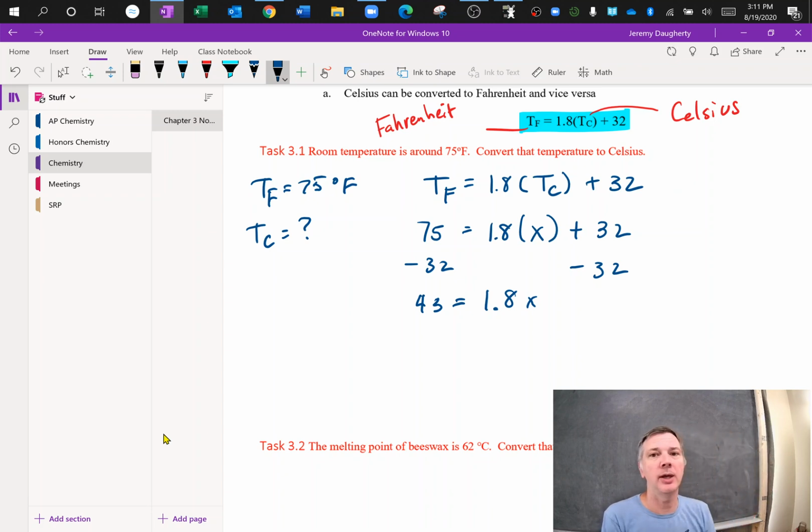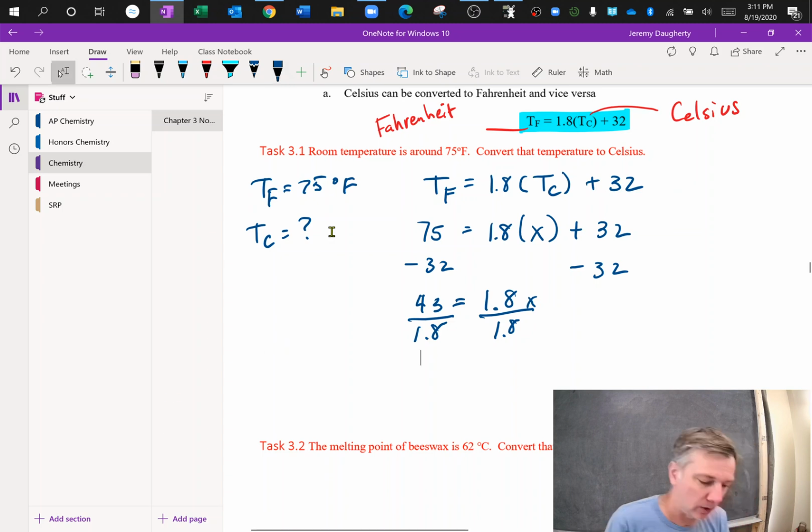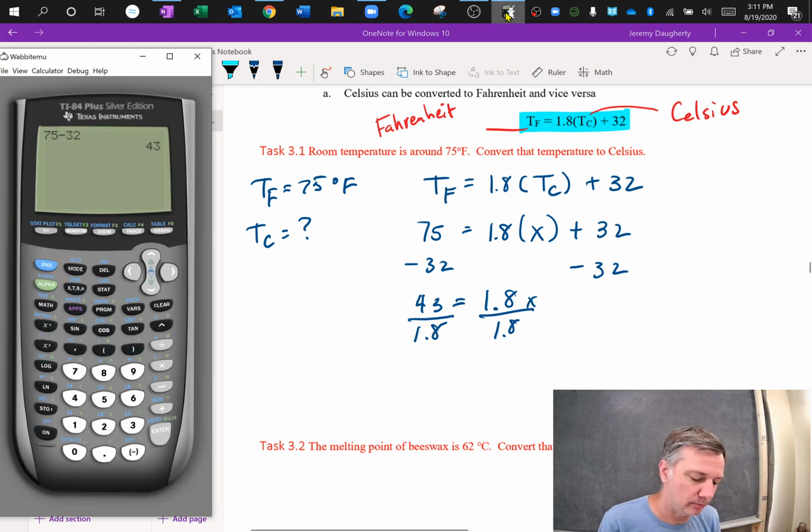Algebraically, my next step is to divide by 1.8. So I'm going to divide both sides by 1.8. So now I'm going to hop into my calculator, and I've got 43. So I'm going to hit divided by. A and S means answer. So that's going to use my answer from the previous calculation, which is 43.